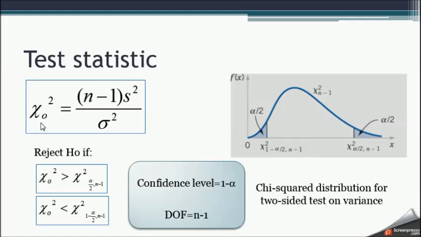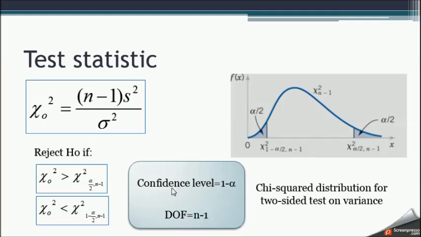So the test statistic for the variability test is chi-naught square, which is equal to n-1 multiplied by the sample variance divided by the population variance, or the hypothesized population variance. So here below we have the hypothesized population variance, above we have the sample variance, and n-1 is the degrees of freedom. So degrees of freedom is n-1.